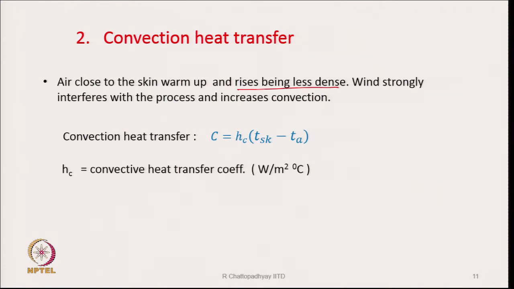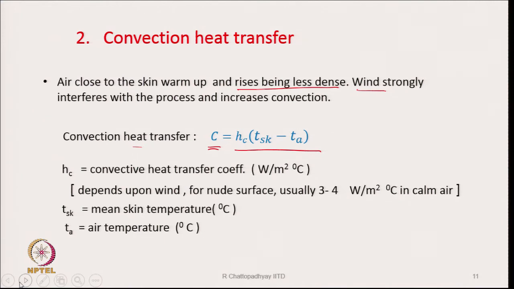So, in the case of convective heat transfer, because the air close to the human skin is getting warmer, it will rise, and therefore an air current will automatically start getting generated. And if there is additional wind, the process will be faster. Now, convection heat transfer C follows this formula: C equals h_c into (T_sk minus T_a).